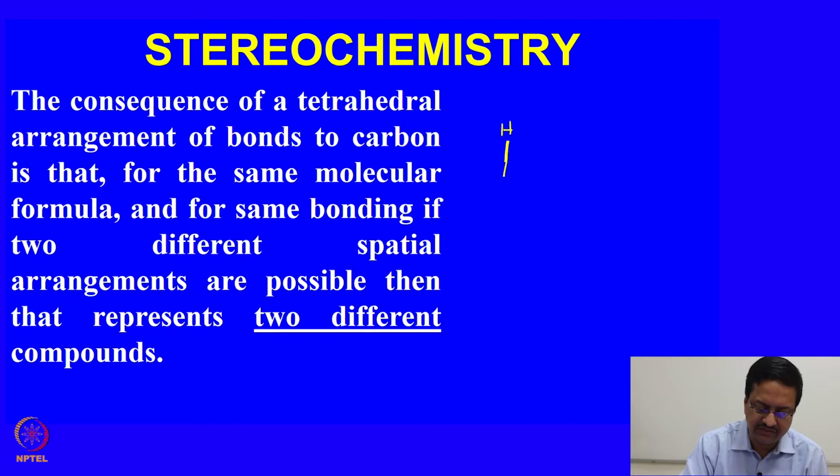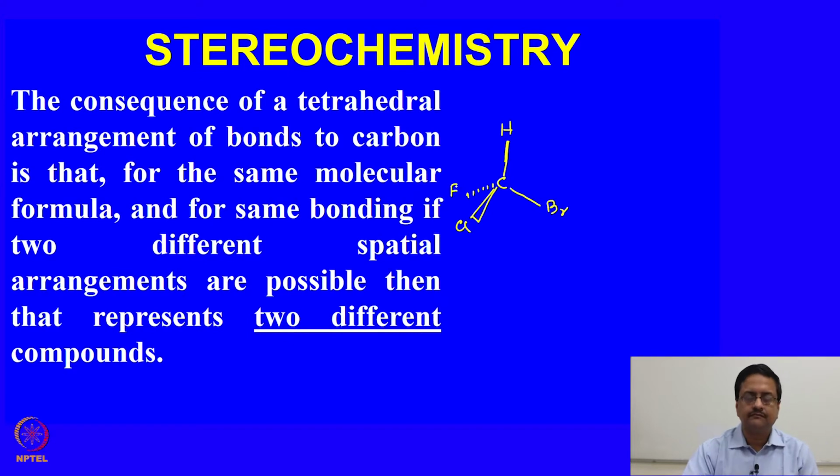Suppose I have hydrogen here connected to carbon and a bromine atom connected to carbon like this. Then I can have two other groups: above the plane of projection, maybe a chlorine atom, and below the plane maybe a fluorine atom.